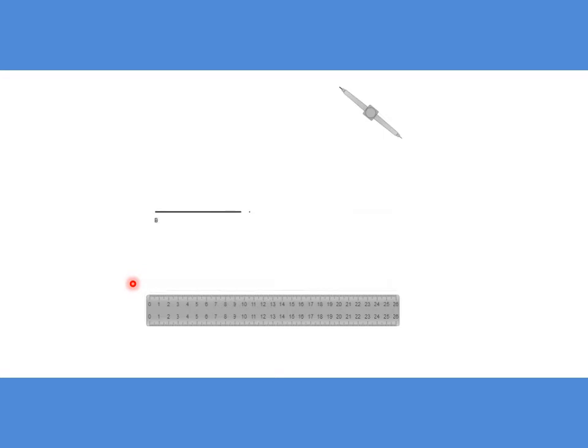That means this first point is B, and this point is C. Yes, this is one side of the given triangle, BC, and its length is 9 centimeters.